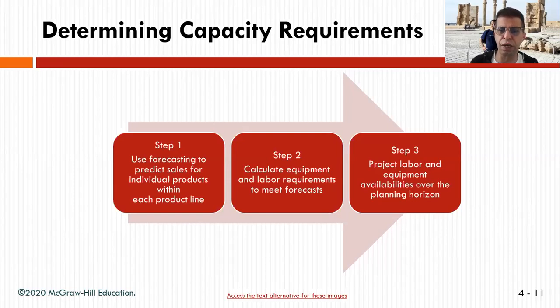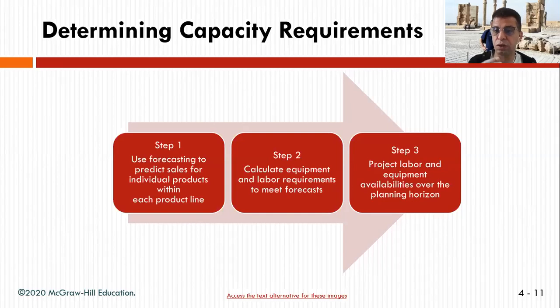So use forecasting to predict the sales for the individual product within each product line. The second step, you calculate the equipment and labor requirement to meet these forecasts. And the third step, you project the labor and equipment availabilities over the planning horizon. So you calculate whether they are available or not.